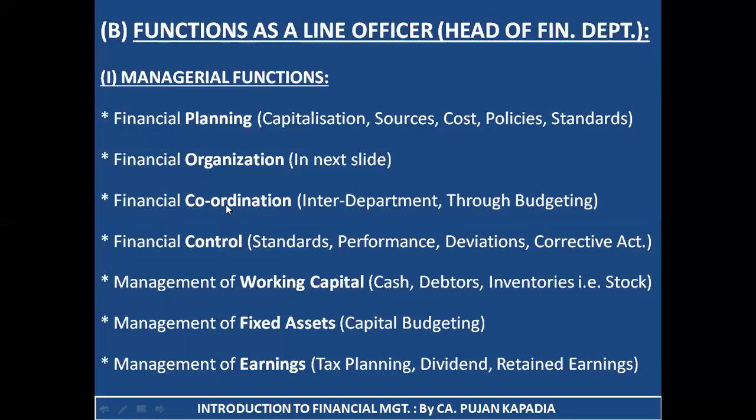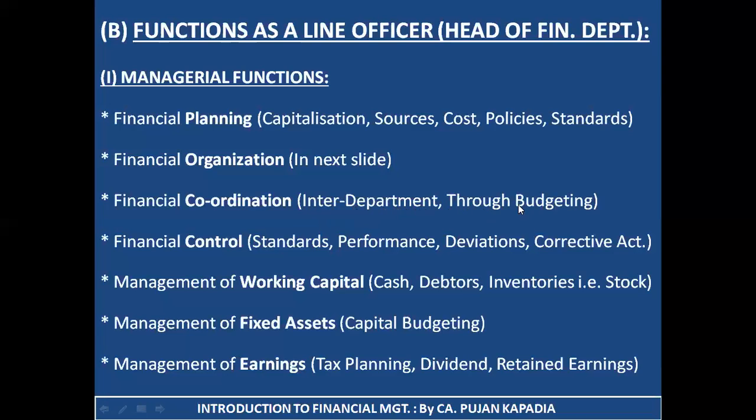Whenever you are running a business, it becomes necessary that there should be proper coordination among your various departments, like marketing department, human resource department, sales department, production department, etc. Now, you need to maintain interdepartmental coordination. So the finance manager takes utmost care that there is proper coordination between each and every department.